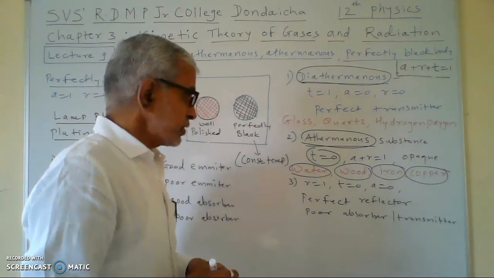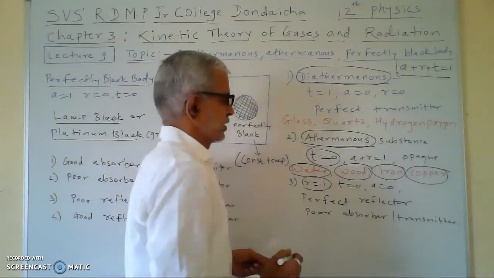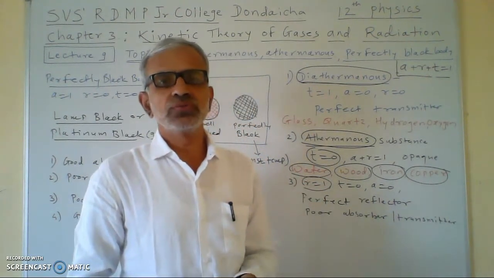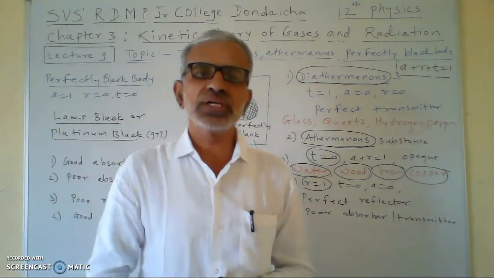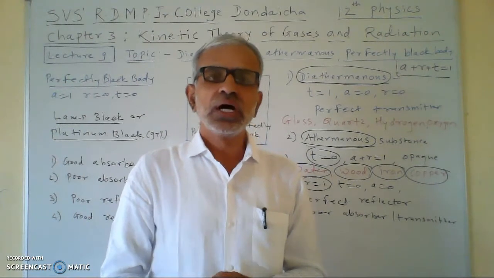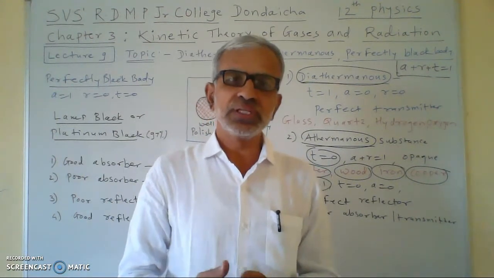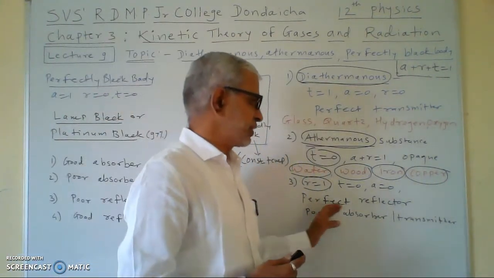Then the substance for which R is equal to 1 and T equal to 0 and A equal to 0. Means there are substances for which the coefficient of reflection is maximum and the coefficients of absorption and transmission are minimum, or 0. Those substances are perfect reflectors.